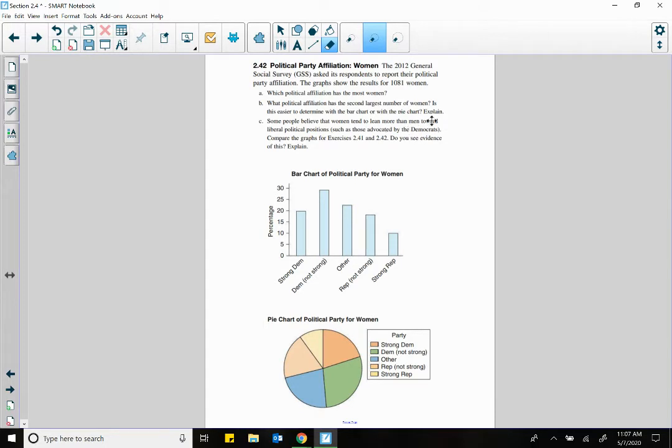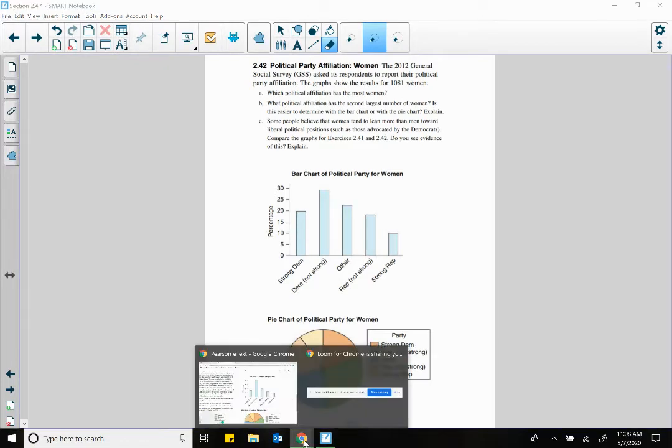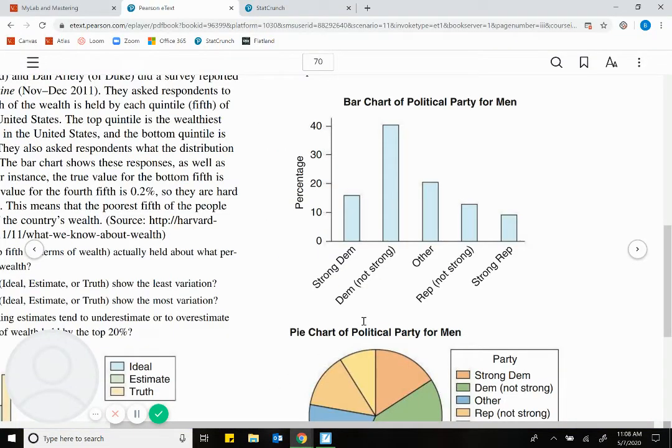So, in other words, we're looking at Democrats. So, we need to compare the graphs of 2.41 and 2.42 to see if that's evidence. So, here's my women. And again, we already said that the Democratic bar is the most that the women choose. So, if we come over here, look at the men, is that the same here?